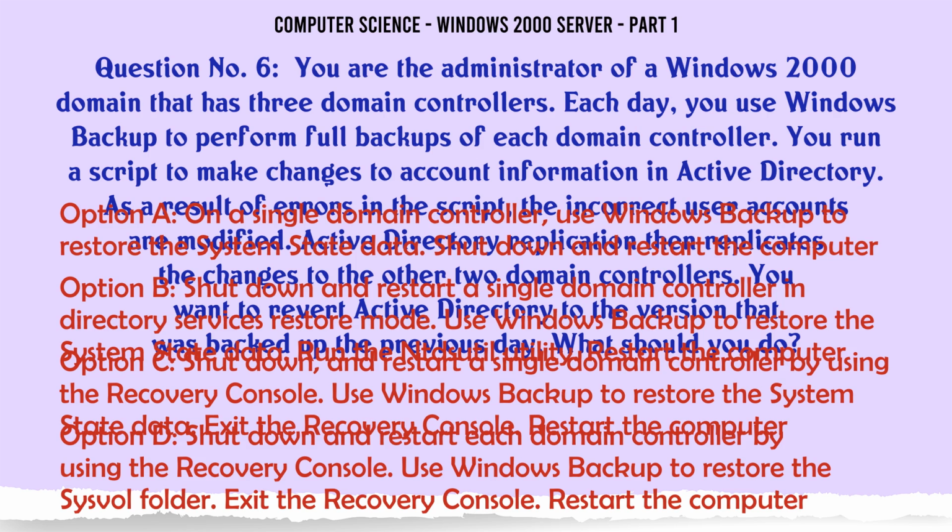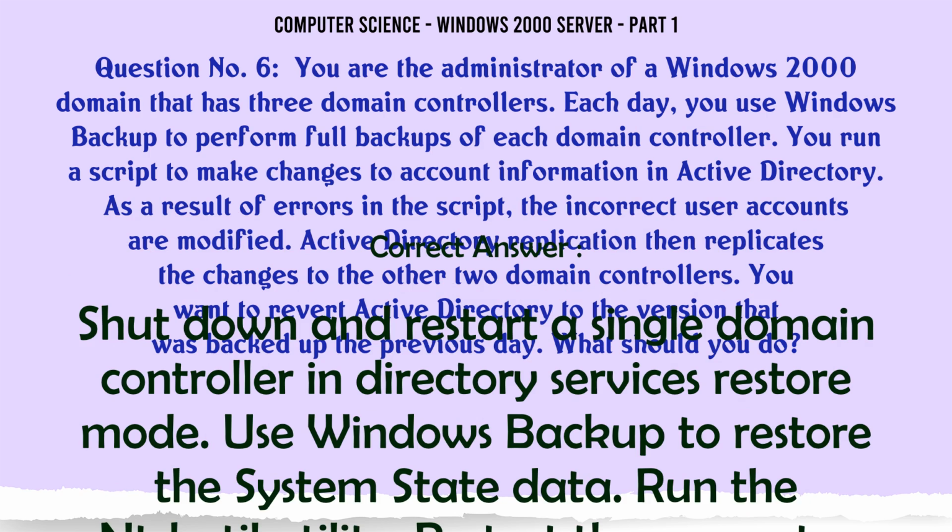Exit the recovery console. Restart the computer. The correct answer is shut down and restart a single domain controller in Directory Services Restore mode. Use Windows Backup to restore the system state data. Run the NTFS utility. Restart the computer.